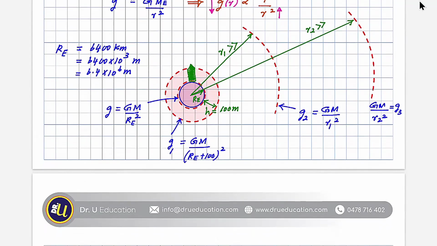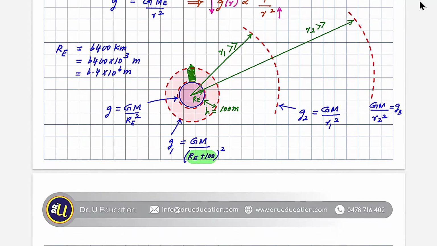All good? Now you have to think about this. R_E plus 100. 100 is the 100 meters, the height of the building. R_E is 6.4 times 10 to the power 6. So that plus 100 means that 100 is negligible.